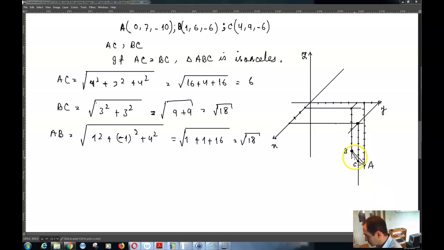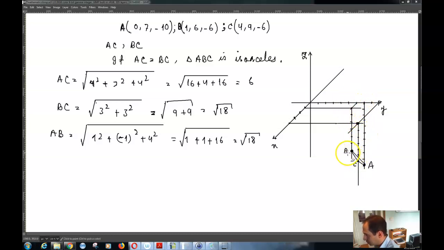So what that means is that you see this point over here, the y-coordinate of this point is around 1, 2, 3, 4, 5, 6. The y-coordinate of this point is around 7, the same y-coordinate more or less.